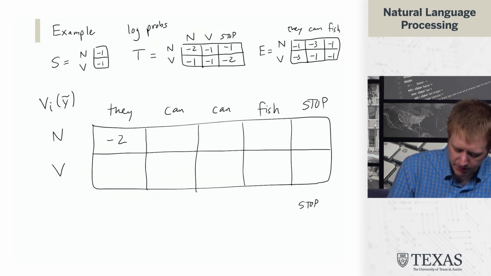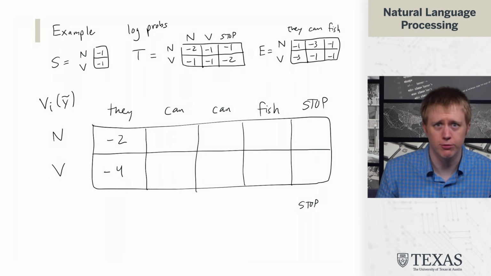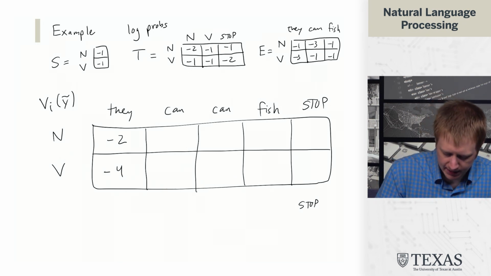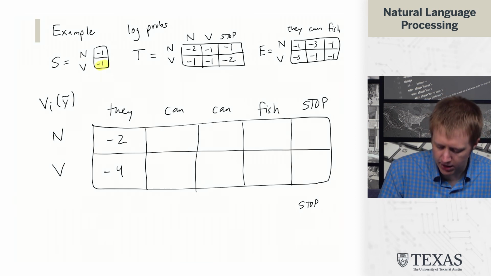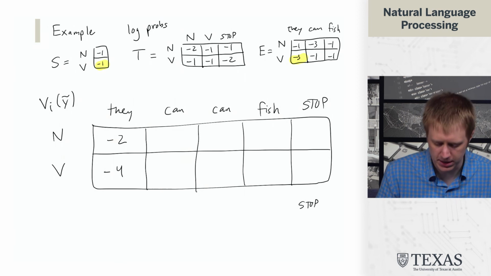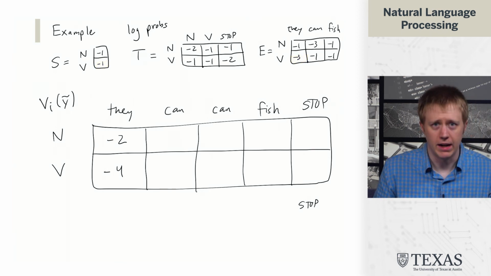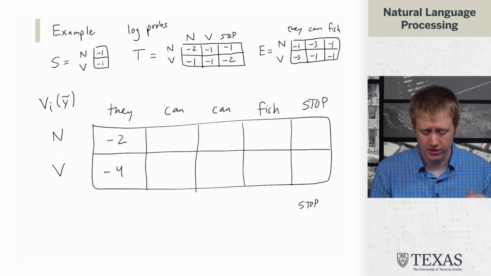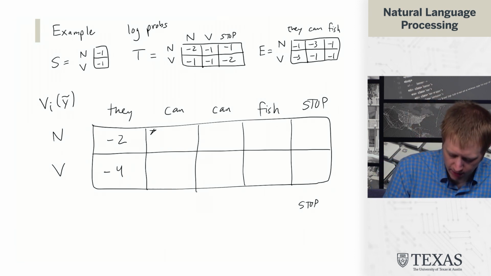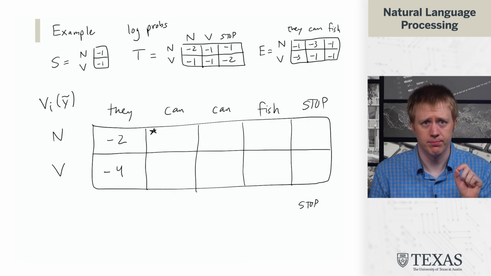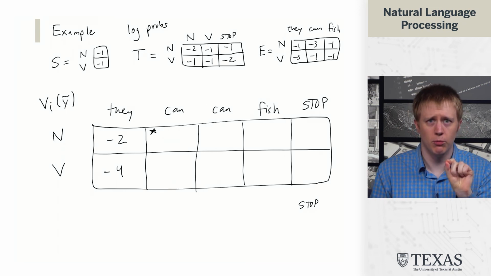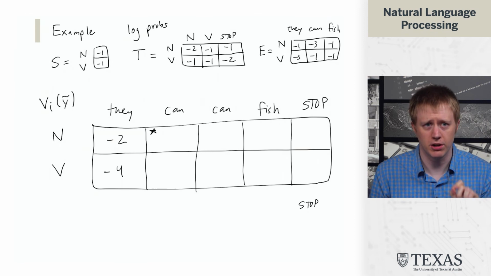And then we have the same thing for verb, which is -4, taking, again, this value here, and then also this -3 over here. All right, so then what the recurrence looks like is for this cell, what we need to do is say, all right, we have to think about what are the two possible places we could have come from here.